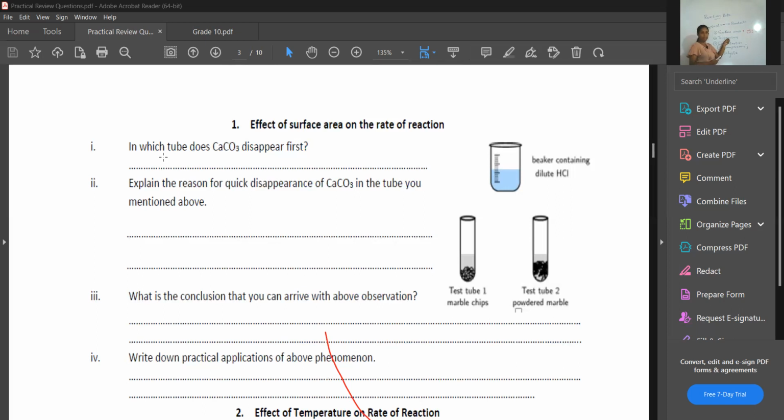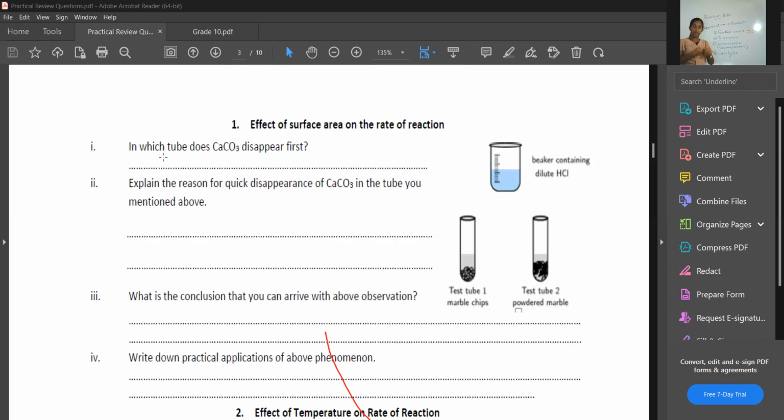Then the next one, temperature. If the temperature is high, we know that all these particles, all are chemicals, they have a certain vibration or a certain kinetic energy. All those particles in compounds or in elements, those atoms have kinetic energy.